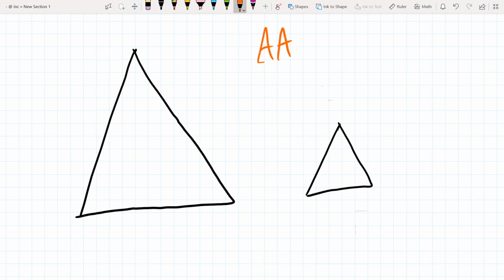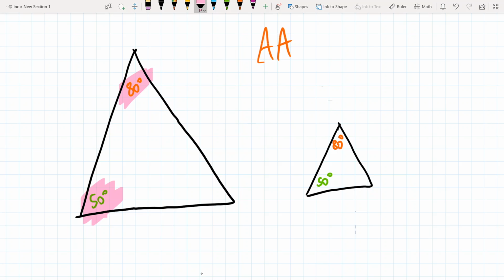Because, for example, let's say you know that this is 80 and this is 80. Let's say you know that this is 50 and this is 50. Now technically, we haven't shown that all 3 pairs of angles are congruent. But if you already know that this is 80 and this is 50, you can find the third one. 80 plus 50 gives us 130.